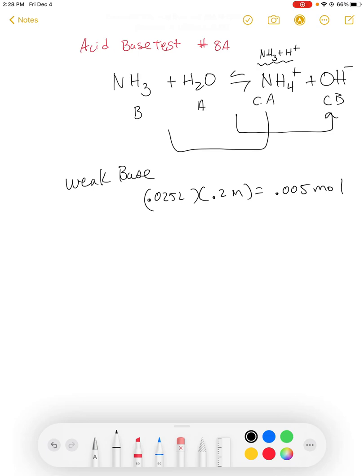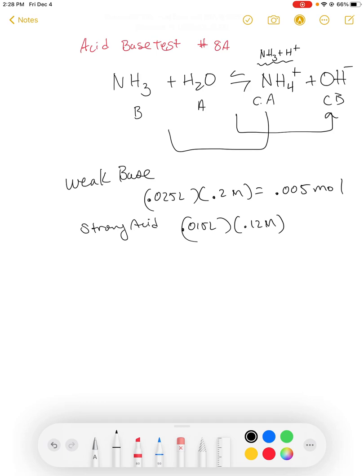And then we've got the strong acid that we're putting in. We're adding 15 milliliters to begin with, so that's 0.015 liters. And the molarity is 0.12 molarity.